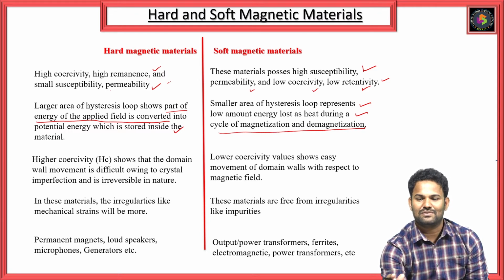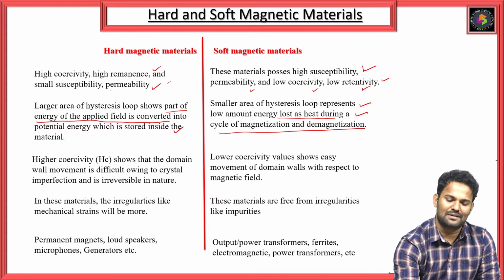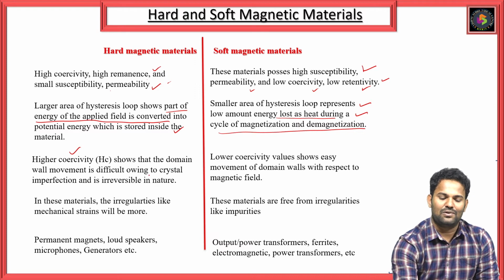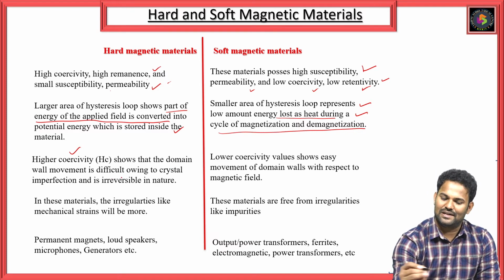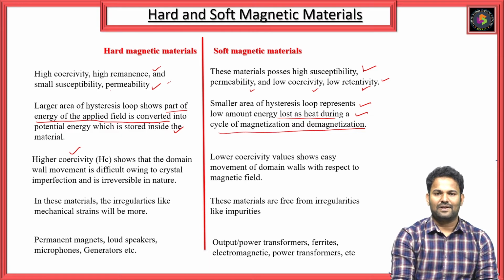We can see the loop width is very low, so the energy loss is also little compared to hard magnetic materials. In hard magnetic materials, the coercivity value is the highest we can see, which means domain wall movement is difficult owing to crystal imperfection, and is irreversible in nature.